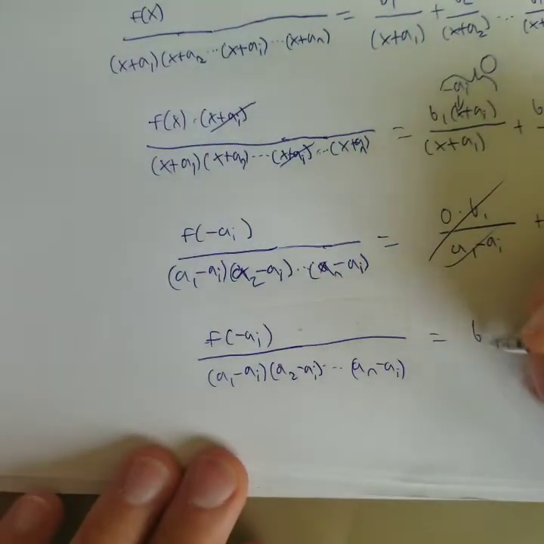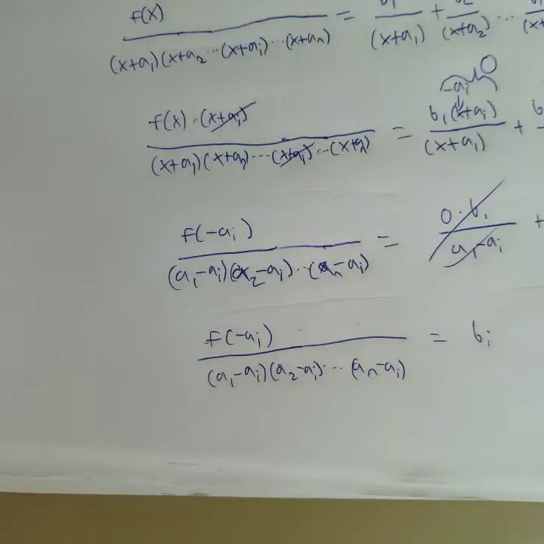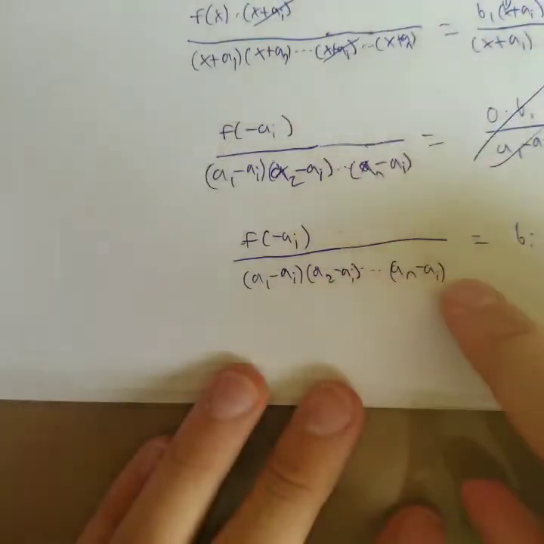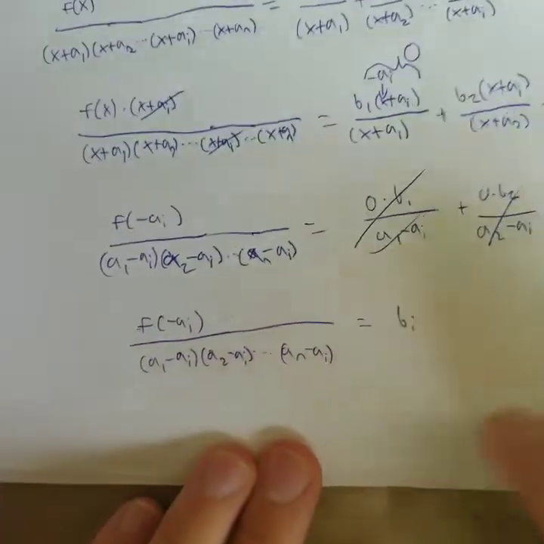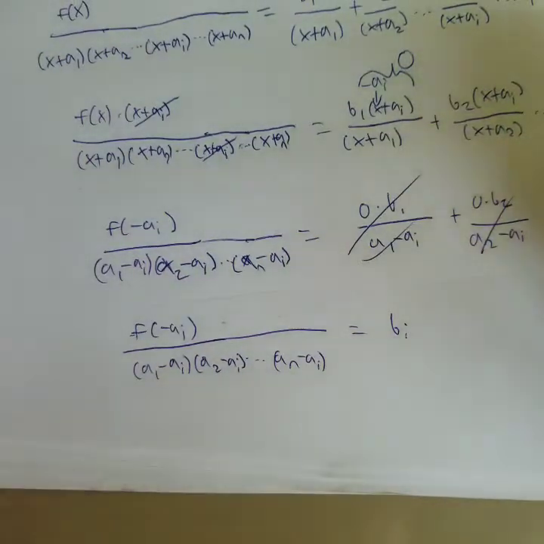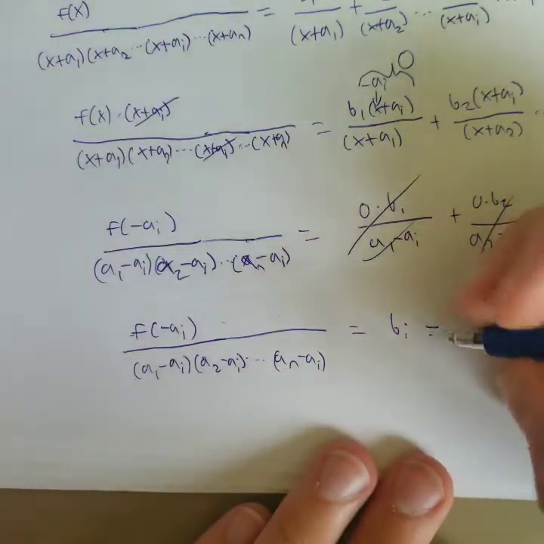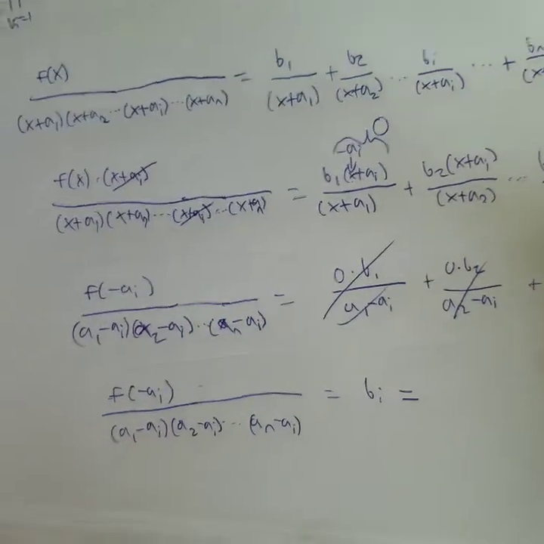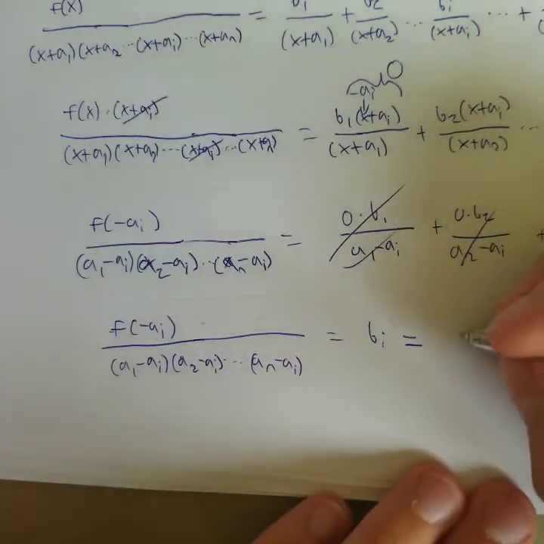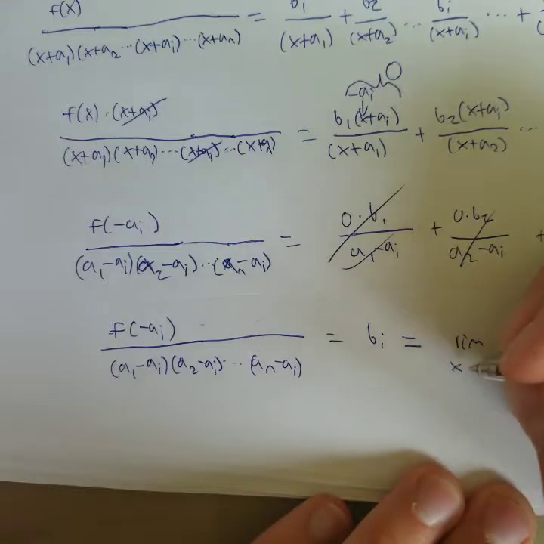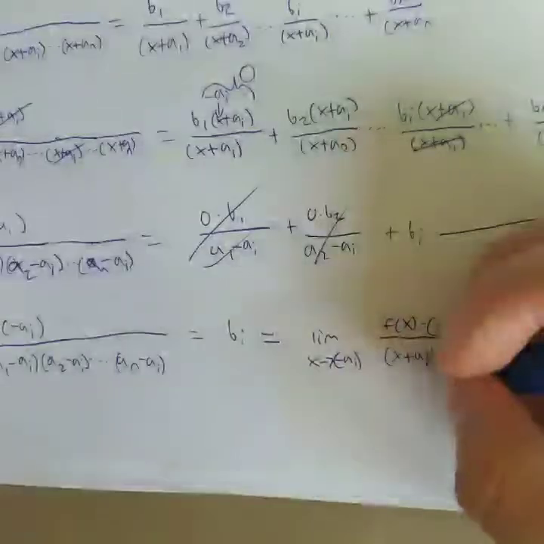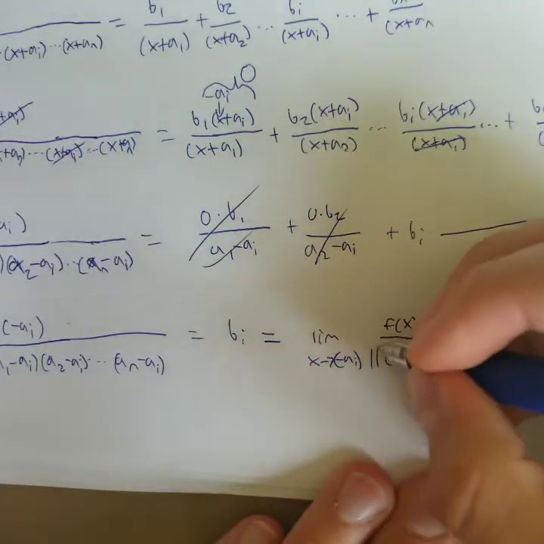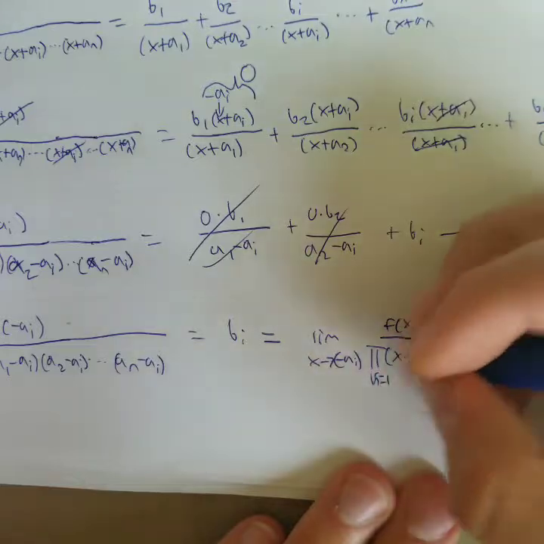is equal to b i. Now, how do we generalize this further? We have a product here, and this is messy to write. How about we plug in the following: the limit as x approaches negative a i of the product of x plus a k, from k equals 1 to n.